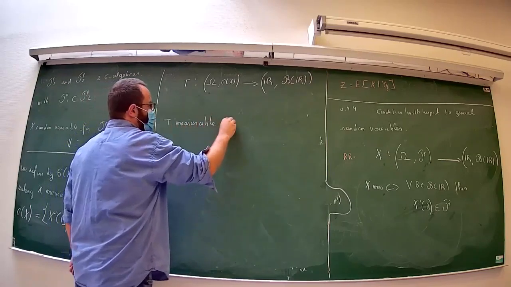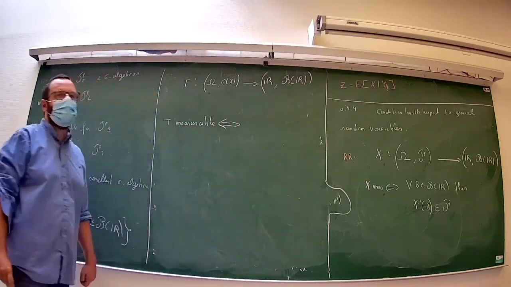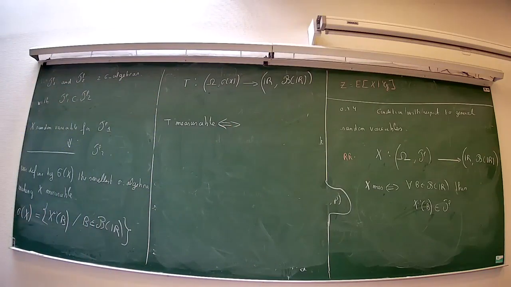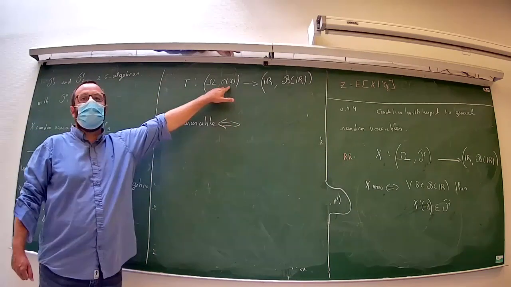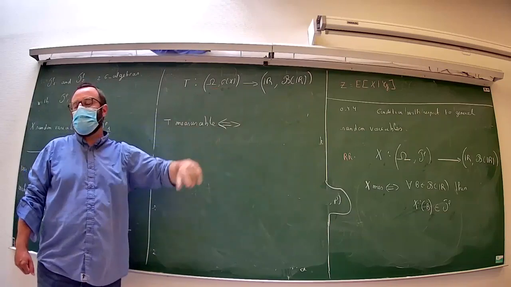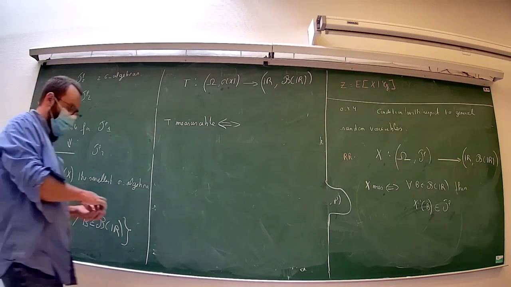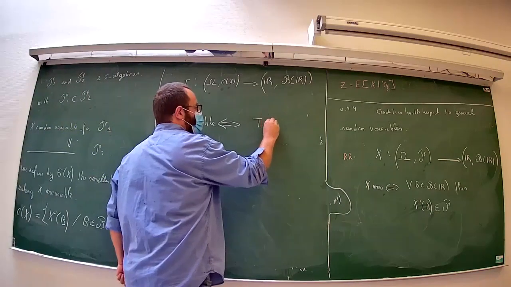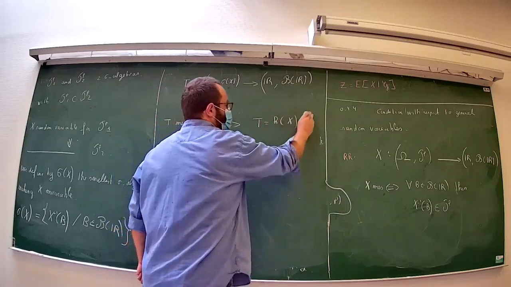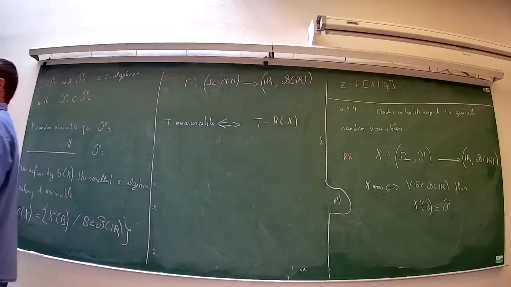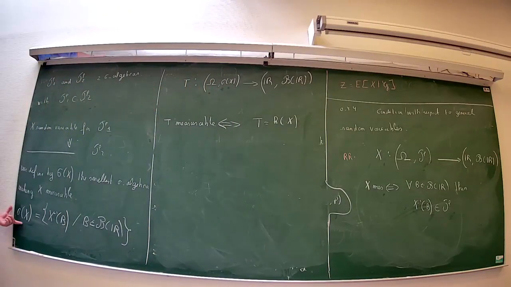In this situation, if and only if, in fact, T has a very particular form. It means that if I put as a sigma algebra here sigma of X, T is measurable in this situation if and only if T is just a function of capital X. It means that if I am measurable with respect to this sigma algebra, I am necessarily a function of X. A result that is stronger, in fact.